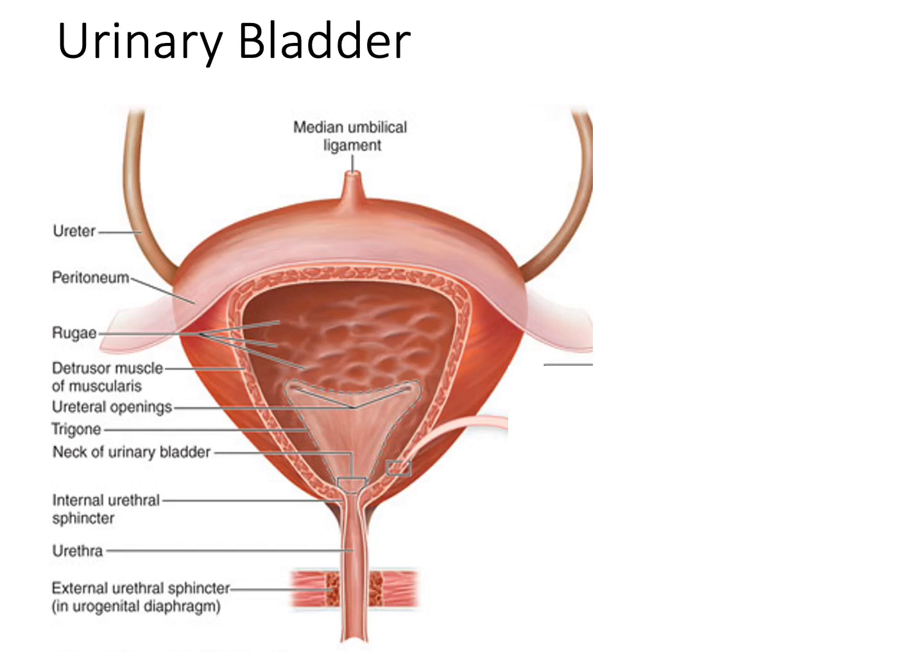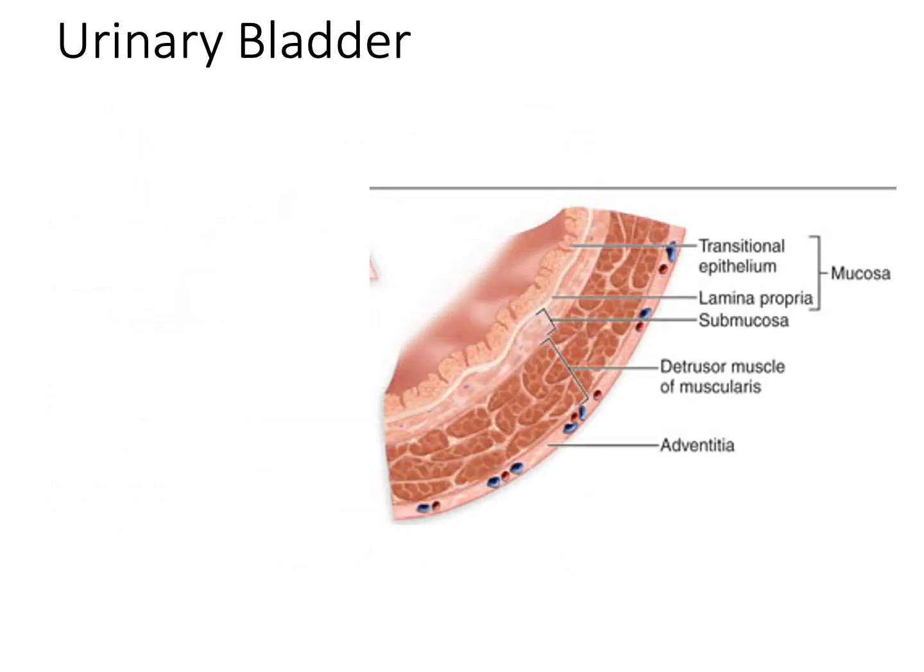The trigonal region of the urinary bladder is going to be secreting an alkaline mucus because urine is highly acidic. If we were to look at the muscular layer, we have what's referred to as the detrusor muscles. The detrusor muscles are smooth muscles that are going to contract in such a way as to collapse the urinary bladder.